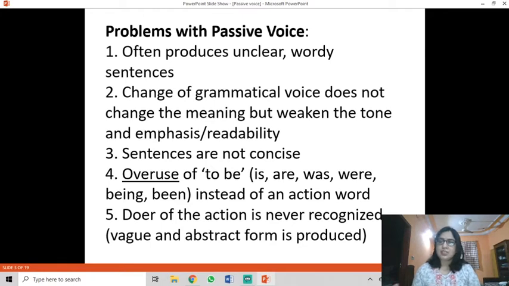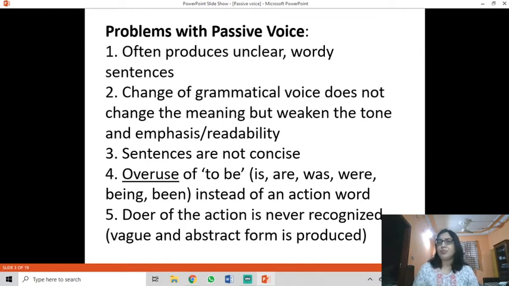You're just changing the simple present tense into the third form. You're not adding more to the meaning, you're just changing the positions of one phrase into another, so it only weakens the message. And sentences are not concise.